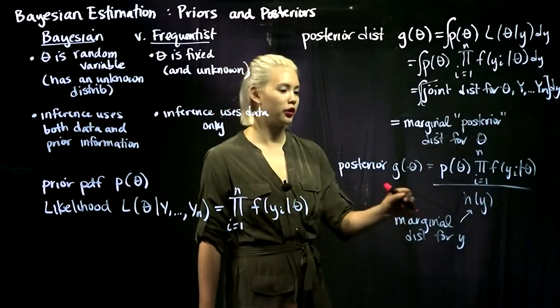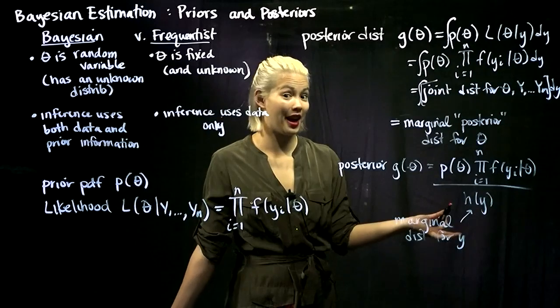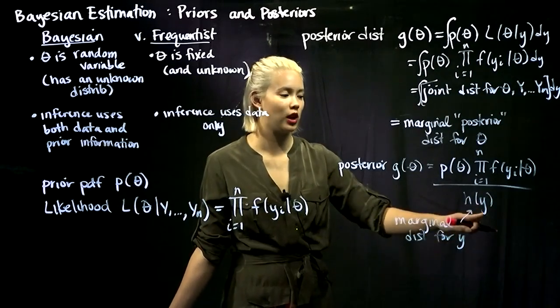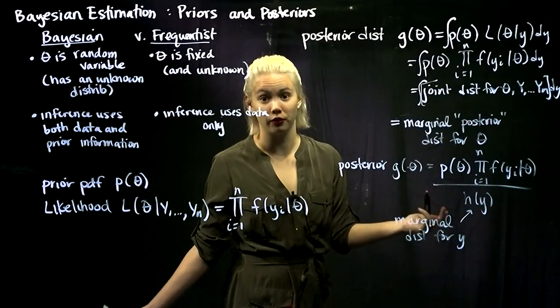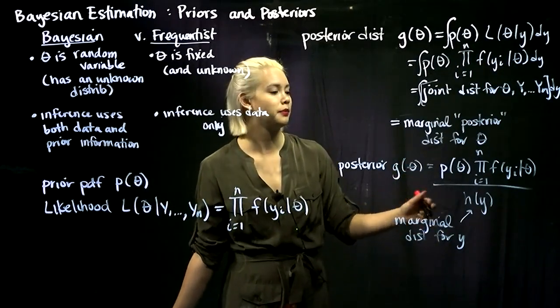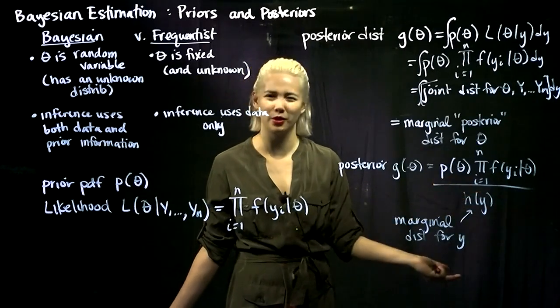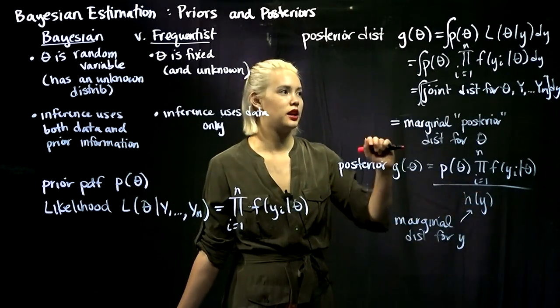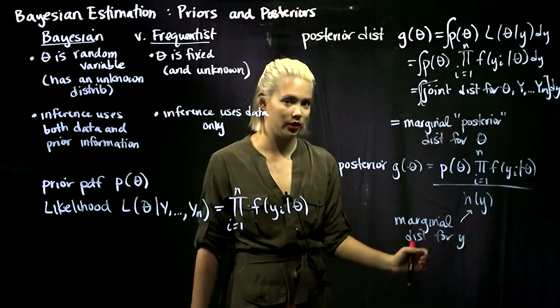If we're thinking about theta, then this h of y is just some constant with respect to theta. Because we have our data, we would just plug it all in, crank out the number, and get maybe 3.4 or 8.7 or something like that. That number doesn't really matter, and it's a lot of work to integrate out or find the marginal distribution.